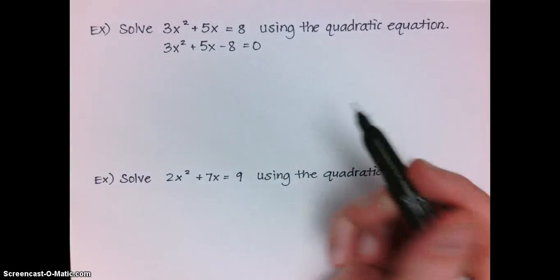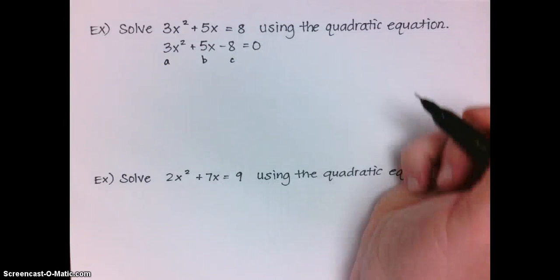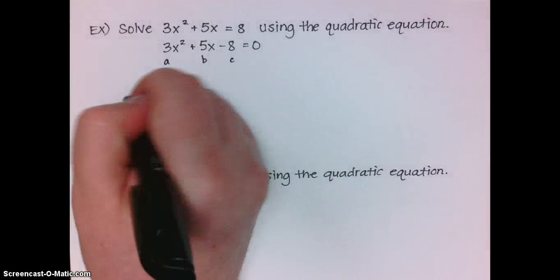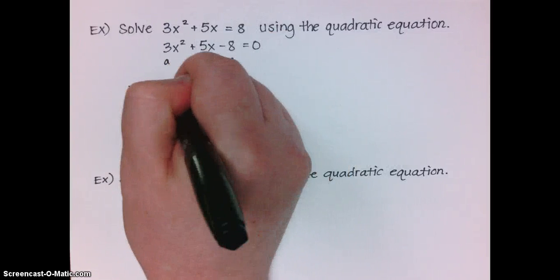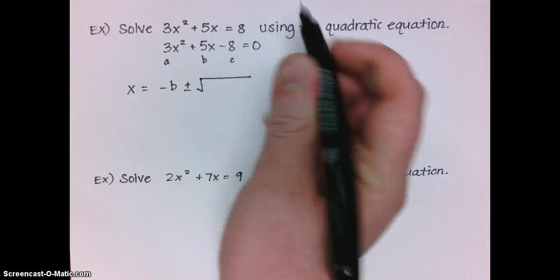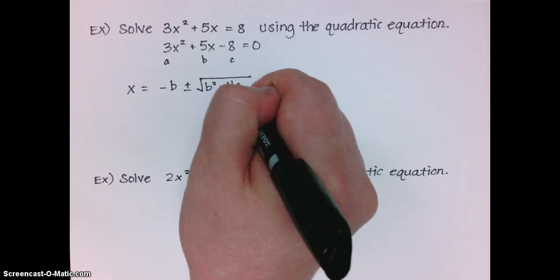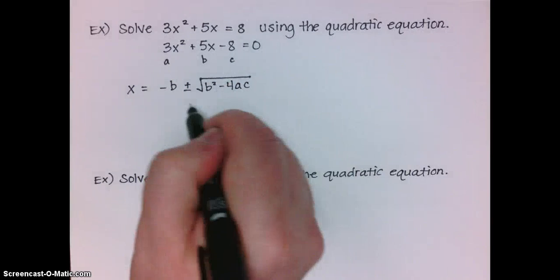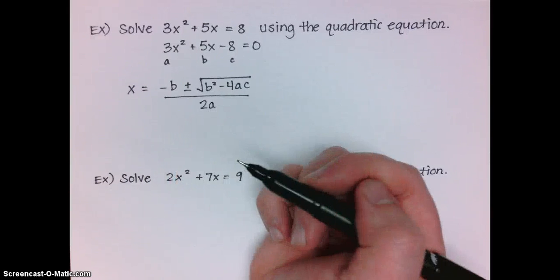So now I know my a, I know my b, and I know my c. So I can use my formula, x is equal to negative b plus or minus the square root of b squared minus 4 times a times c, and dividing the whole thing by 2 times a.